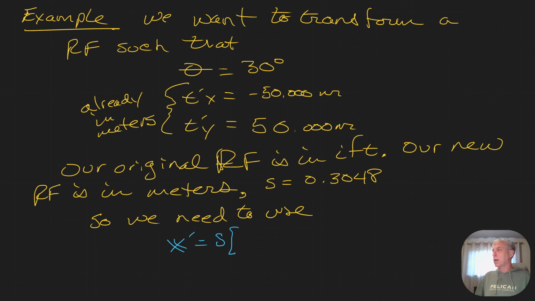S times our rotation matrix times our original coordinates, and then add our t prime, the prime of our translation vector.